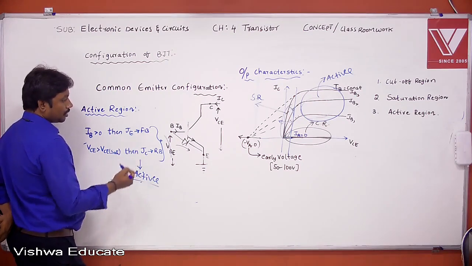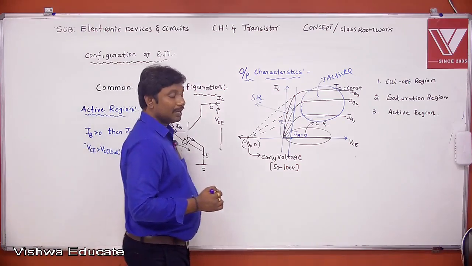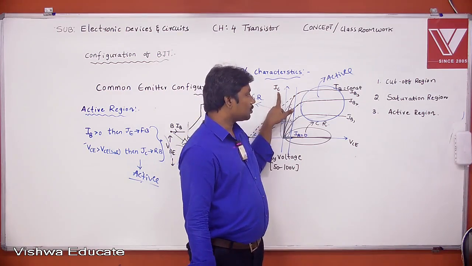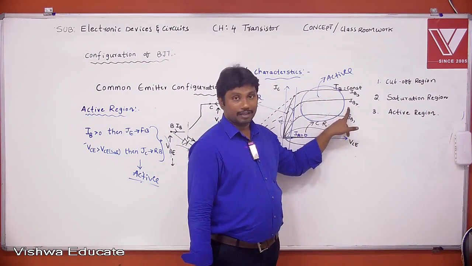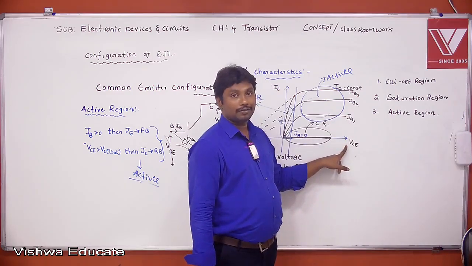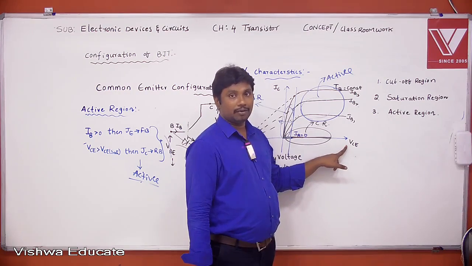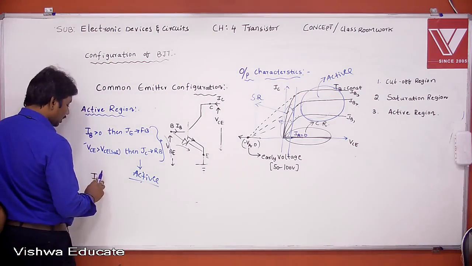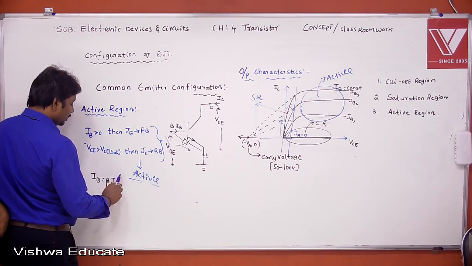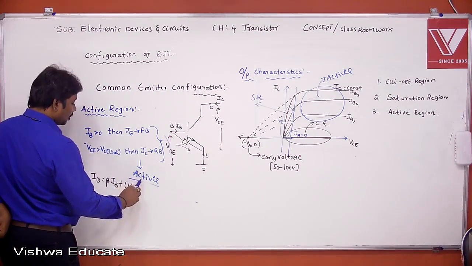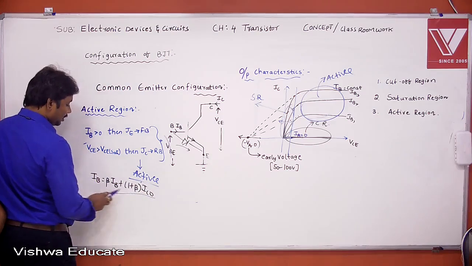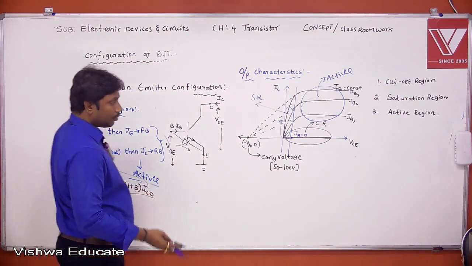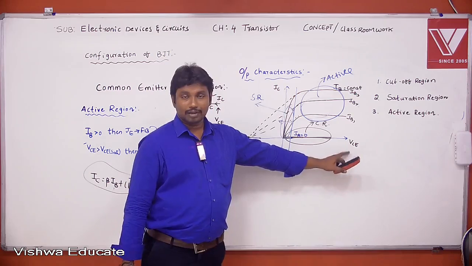One more point: in the active region, the collector current depends on IB and is independent of VCE, because we know in common emitter configuration IC equals beta times IB plus 1 plus beta into ICO. So the collector current depends on base current, independent of VCE.